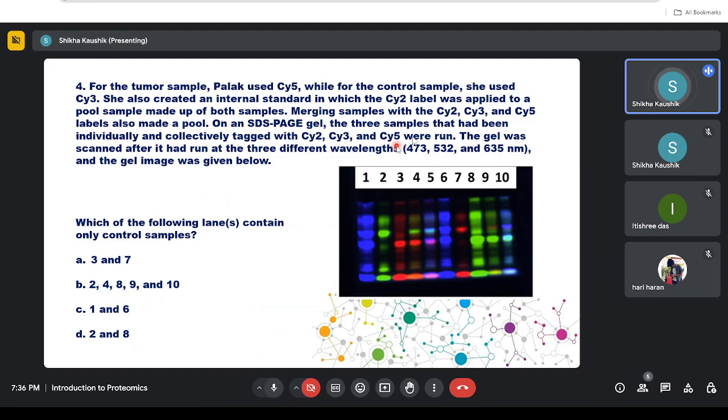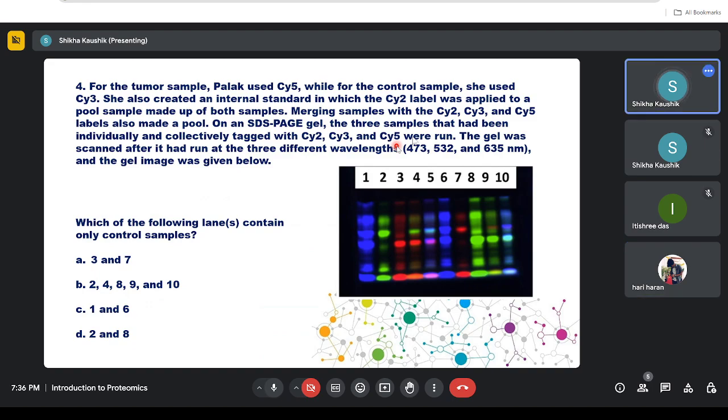Now, which of the following lanes contain only the control sample? Control, only control किस में दिख रहा है आपको? पहले मुझे ये बताओ कंट्रोल सैंपल का कलर क्या होगा और ट्यूमर सैंपल का कलर क्या होगा, एज वेल एज जो पूल्ड सैंपल है उसका कलर क्या होगा. The control should be green.